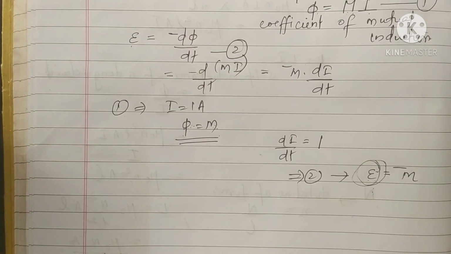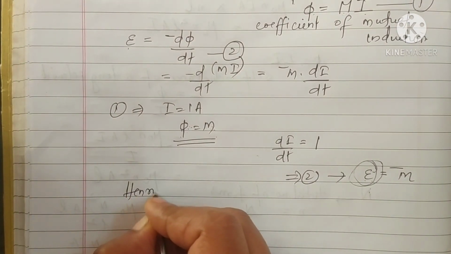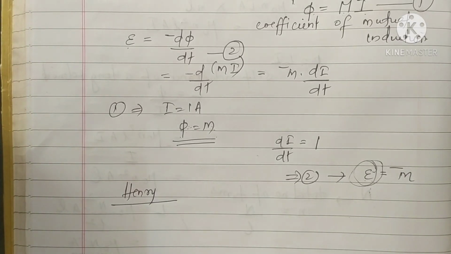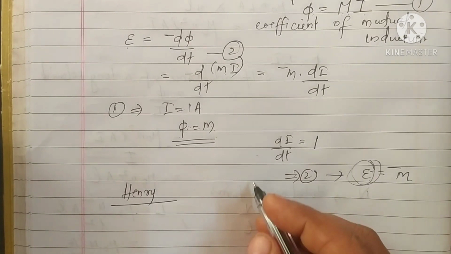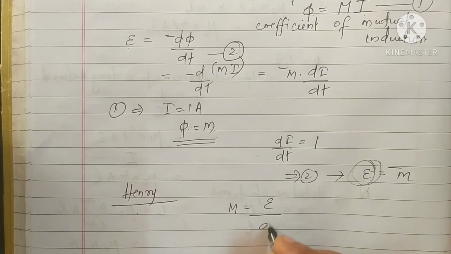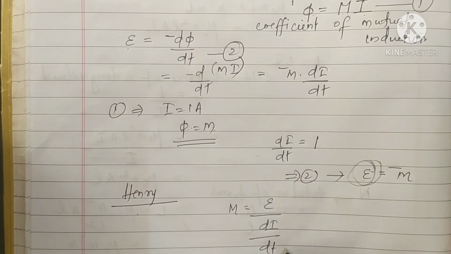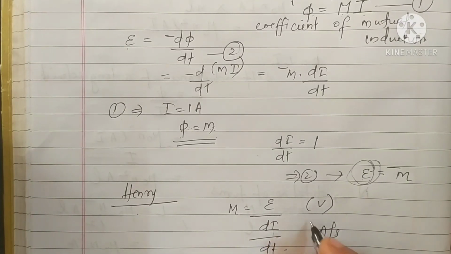Now the units. Again it's induction only, so the unit of mutual inductance is Henry. Self-inductance is also Henry. So how can you define 1 Henry? In this equation you can write M is equal to E divided by dI by dt, isn't it? So E is in volt and this is ampere per second.